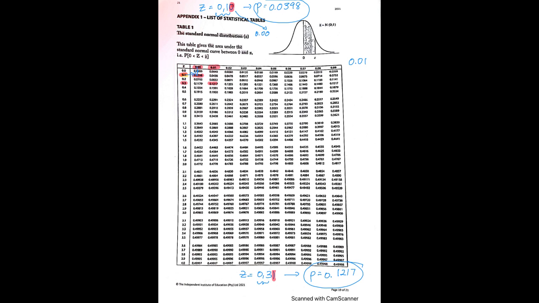So now you can say that for the first one, where Z is 0.1, that gave you 0.0398.